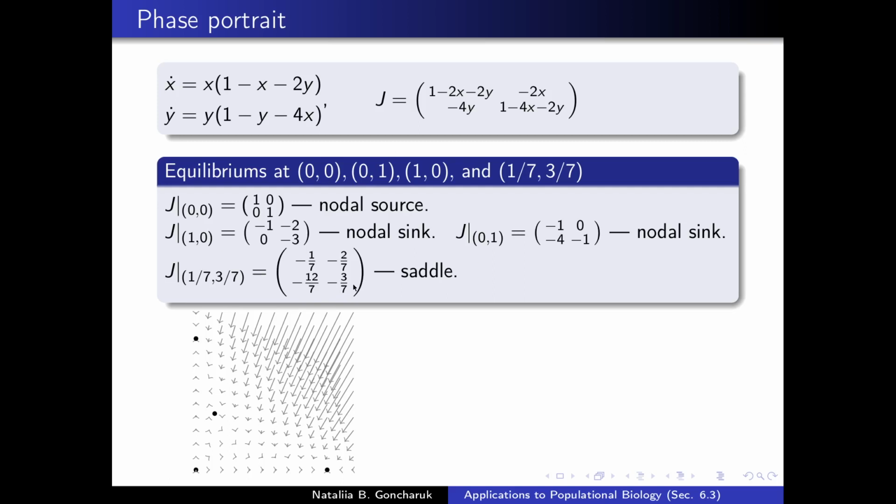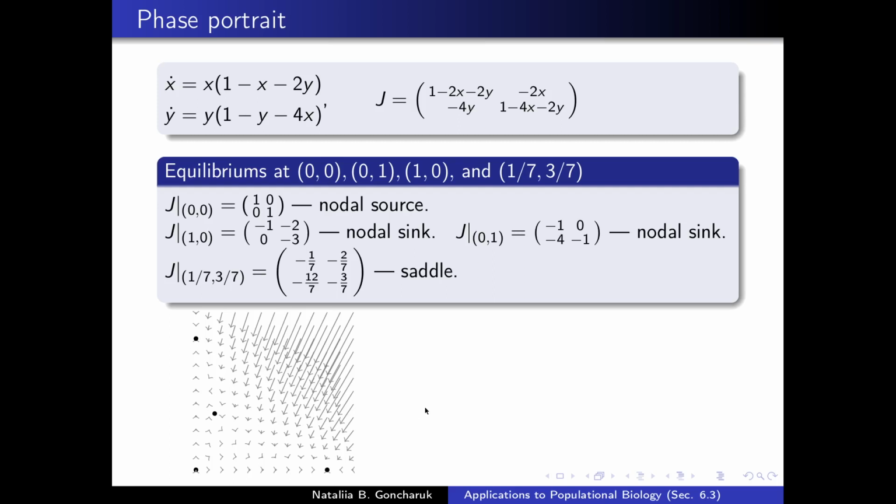That's the matrix I got. Then I found its eigenvalues. They happen to be real and of different signs, which means that this point is a saddle. This point is a linear saddle for the linearization, so the nonlinear system also has a saddle over here. So: source, node sink, node sink, and a saddle.